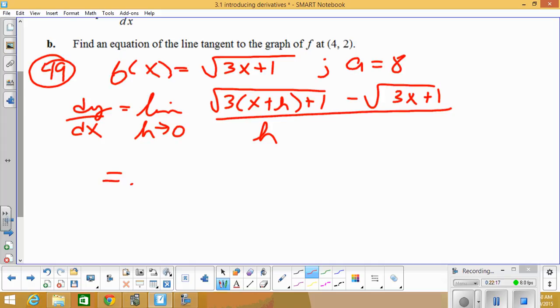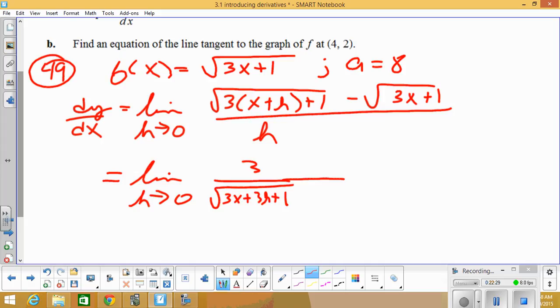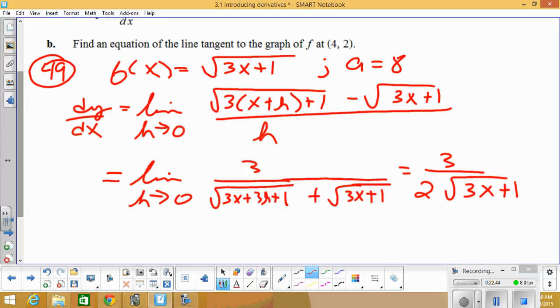We should get down to, when you do all the algebra, 3 over the square root of 3x plus 3h plus 1 plus the square root of 3x plus 1. At this point, there is no issue with plugging in 0 for h in the denominator, and we get 3 over 2 of the square root of 3x plus 1.